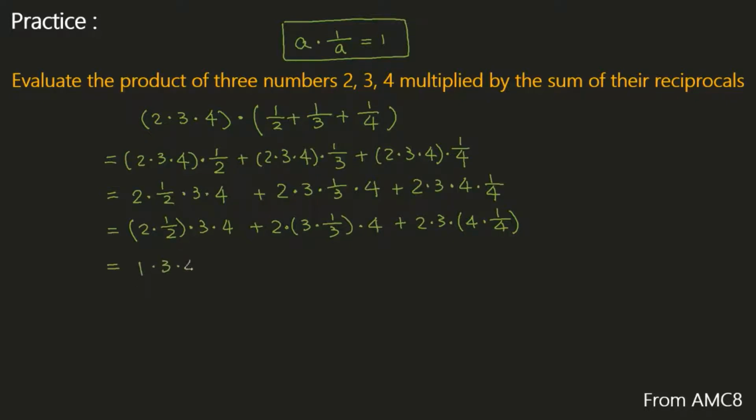And it becomes 1 times 3 times 4 plus 2 times, similarly, 3 times 1/3 is also equal to 1 because they're reciprocals of each other, times 4 plus 2 times 3 times 4 times 1/4 are reciprocals of each other and they're equal to 1. Okay, so this becomes 12 plus 8 plus 6. And the final answer is 26.